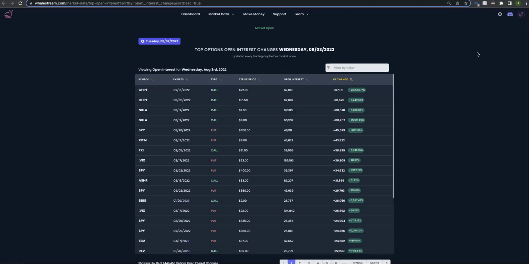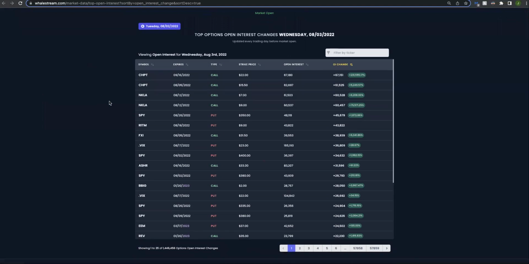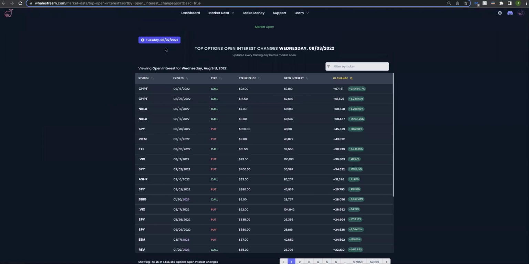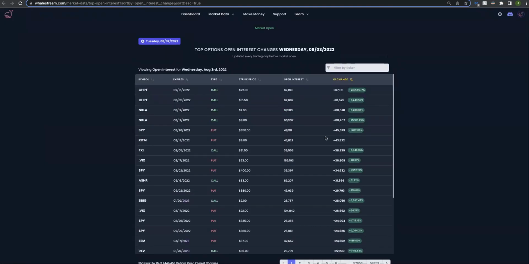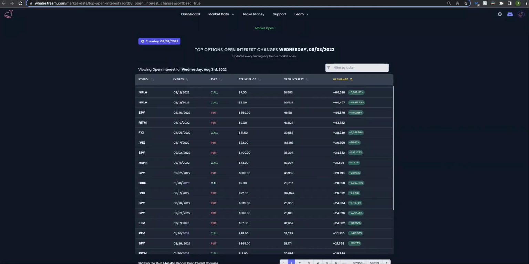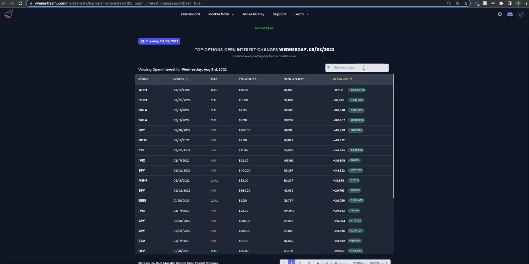This updates every day. I don't know if everybody in here knows about open interest, but I did want to show this every day before market open. You can click on OI changes, top OI, and you can see all the top OI changes. You can actually view every open interest for every contract within the options market.